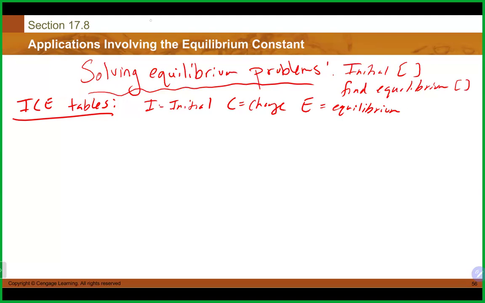For the change, the letter X is typically used. Ultimately what we're trying to do is find what X is, and then that will allow us to get to the equilibrium concentrations. So let's say, for example, we had A plus B goes to 2AB.